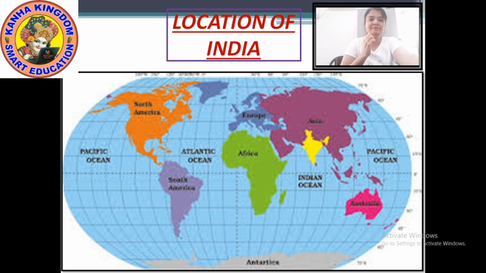How many oceans are there? There are 5 oceans. Now looking at the world map, first have a look at the Indian Ocean, which is below the India map.